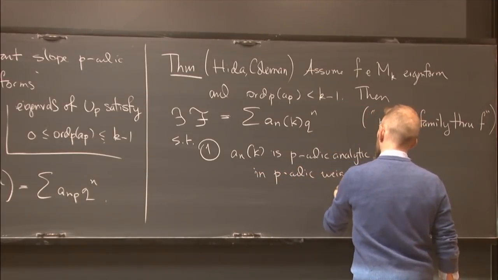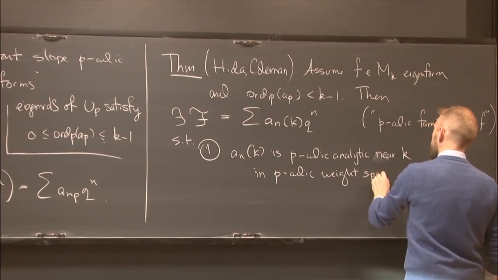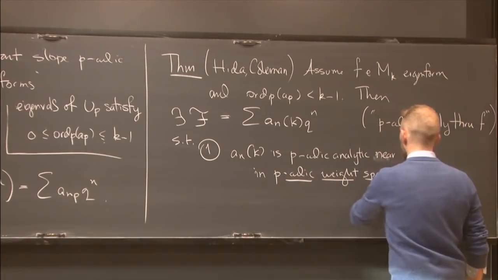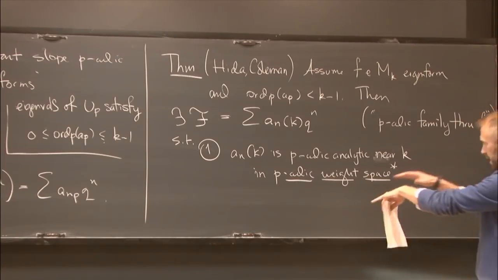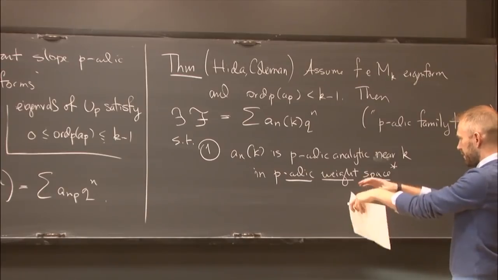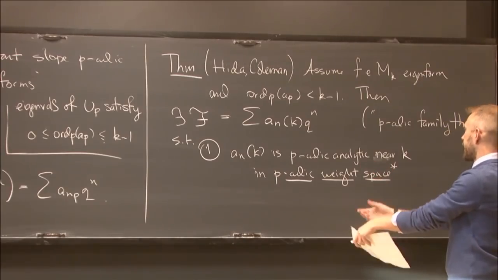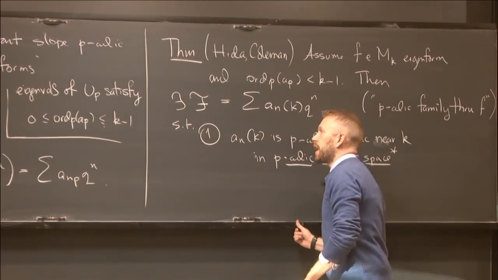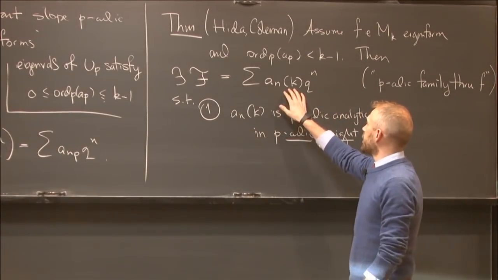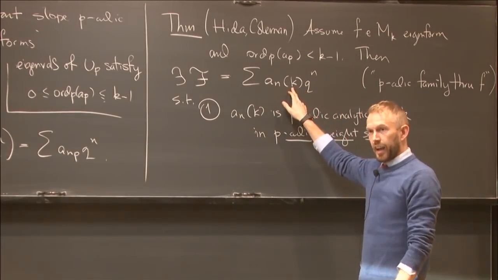Weight space. And I'm going to put a star there just because I'm going to come back to that. Okay, I'll tell you what that is. But whatever it is, it's some sort of p-adic rigid analytic space that contains a point called k. All right? And what that means is when I take this q-expansion, I can evaluate it at k.